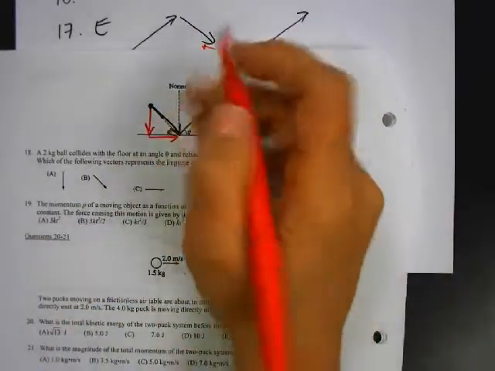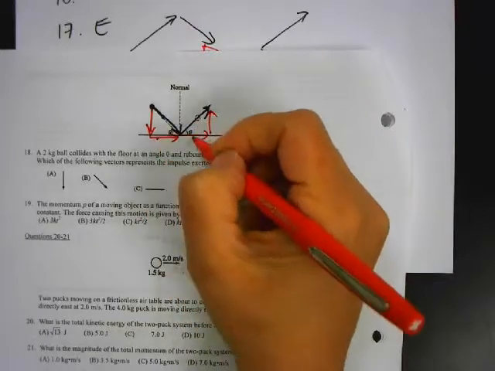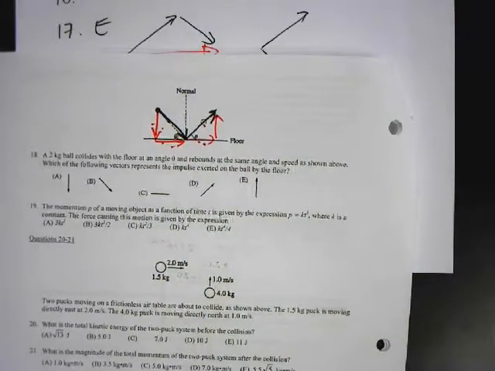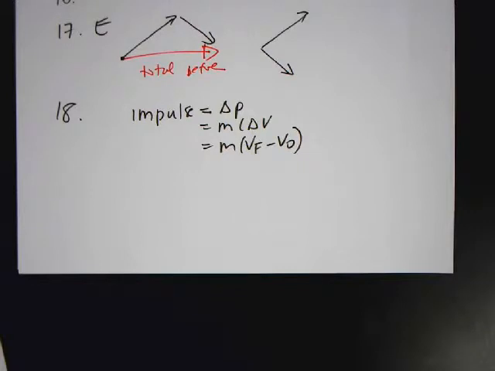This is the x and this is the y. So you see here these x's are the same, but these y's are equal and opposite. So when you look at this, the impulse is going to be the change in momentum. So 18, the answer is E.